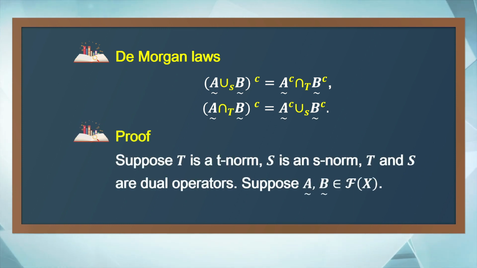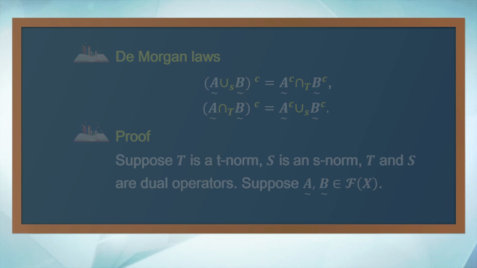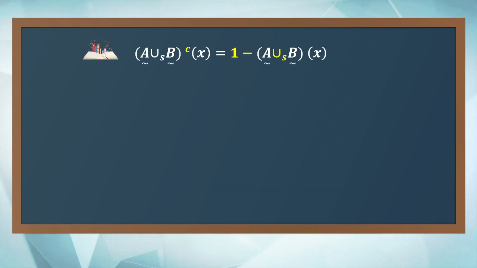Suppose T is a T-norm, S is an S-norm, and T and S are a pair of dual operators. Suppose A and B are fuzzy sets. By the definition of complementation of fuzzy sets, the complement of the generalized union at x equals 1 minus the generalized union at x.